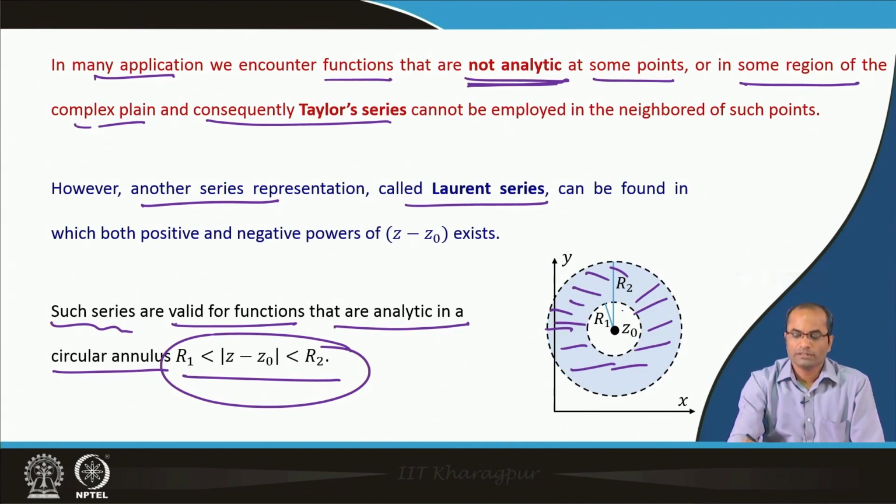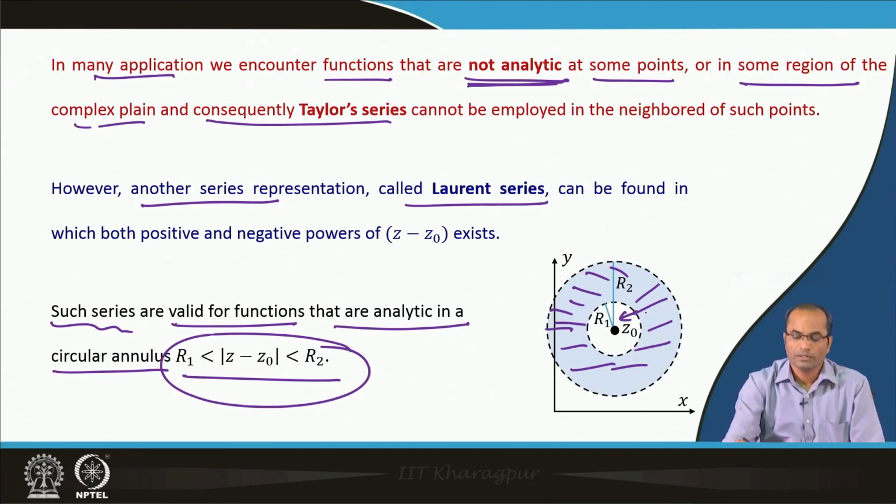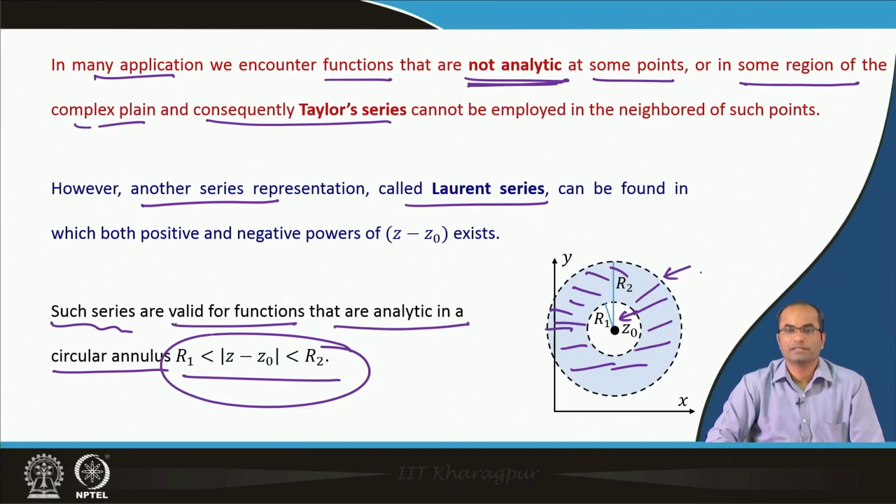There is a cut here with this R1 circle, which is not a part of this domain now, and then we have the upper circle which is bounded, whose radius is R2.